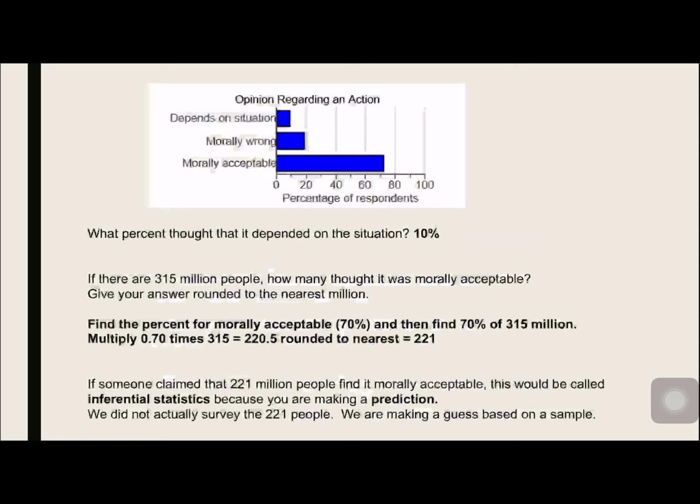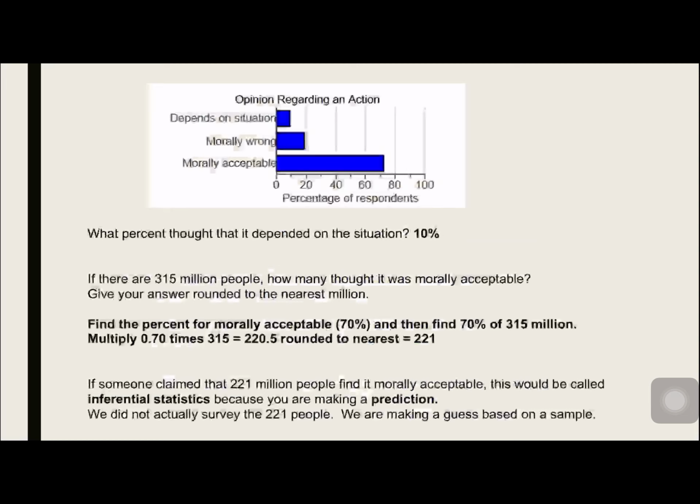So 70% said morally acceptable, but if we want to know how many, that means we need to find 70% of 315 million. So multiply 0.70 times 315, and we get 220.5. Rounded to the whole is 221. It asks to give your answer in the millions.